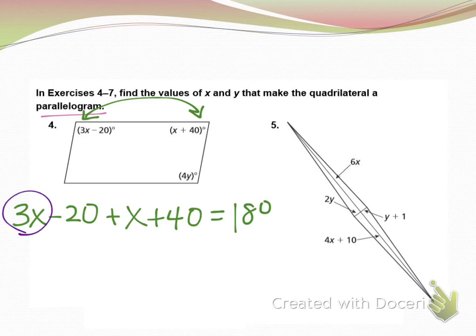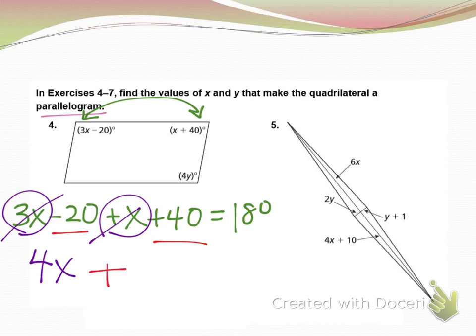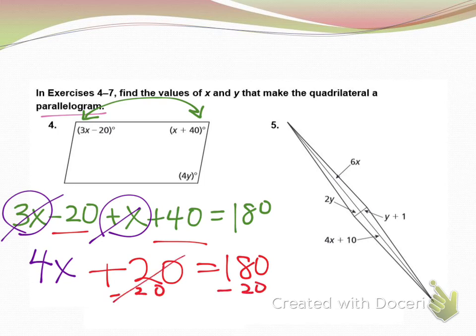3x and x make 4x, minus 20 plus 40 plus 20, good. Subtract 20. 4x equals 160. x equals 40. Good, so that's one of our variables. How do we find y? Plug it in for x.